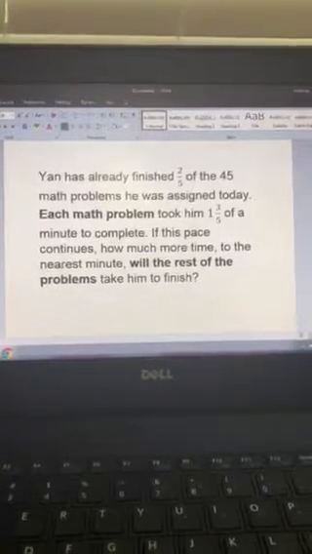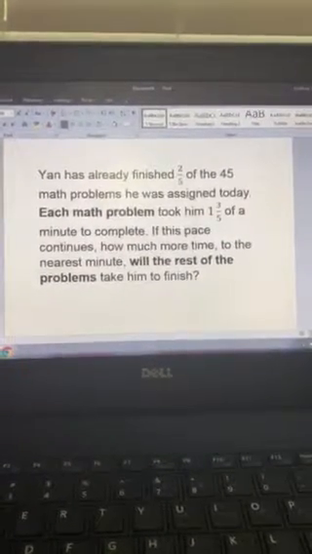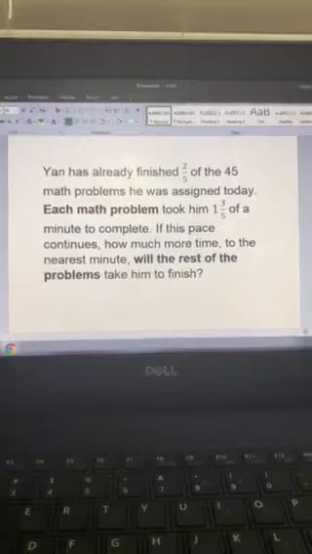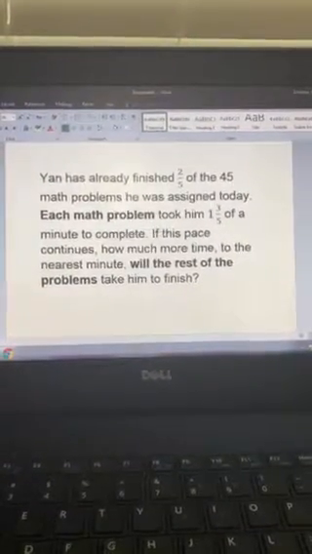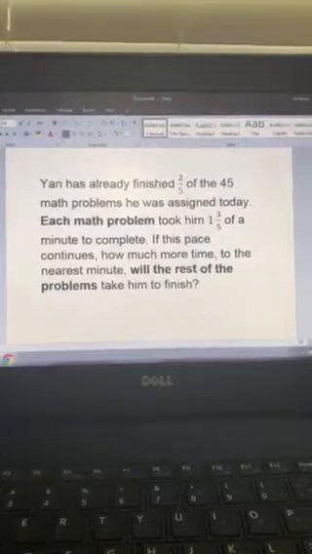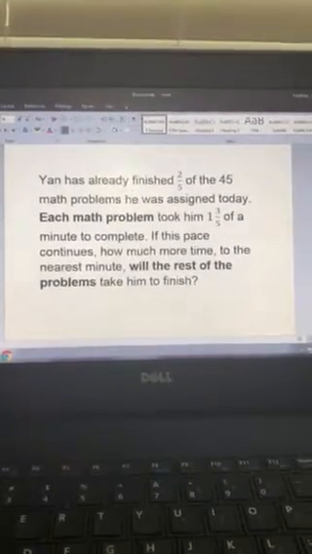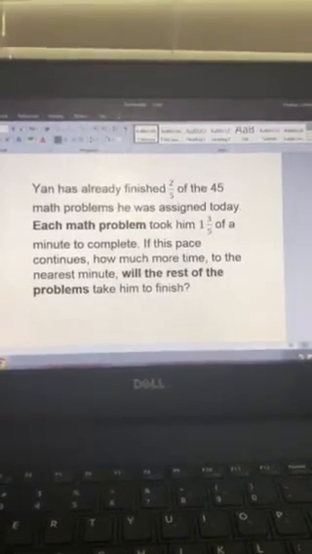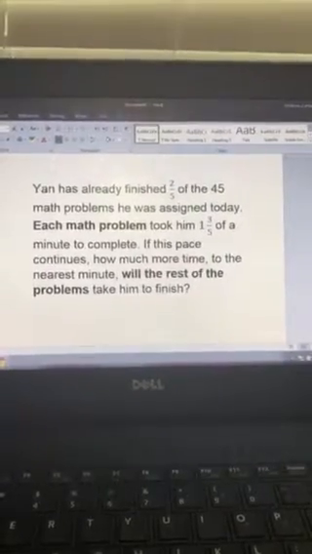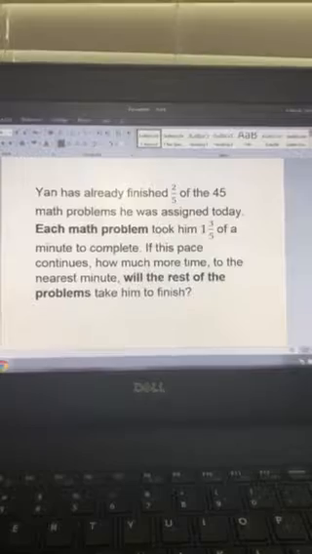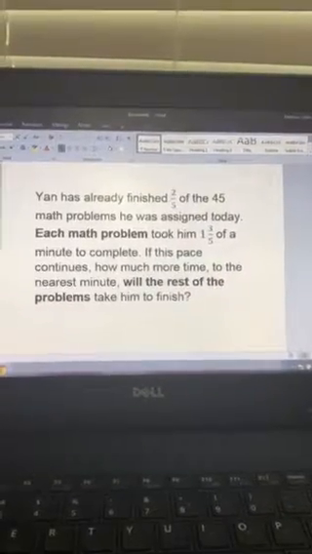Each problem took 1 3/5 of a minute to complete. Each problem, every single problem he does, takes 1 3/5 of a minute. If this pace continues, meaning that every problem is going to continue taking him 1 3/5 of a minute, how much more time to the nearest minute will the rest of the problems take him to finish?